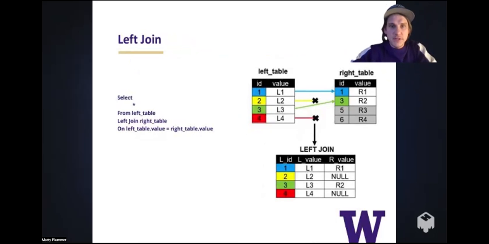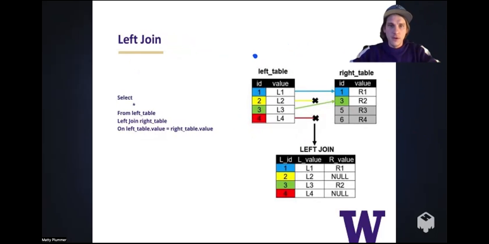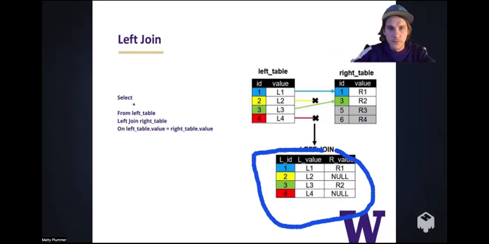In this example, you can see we have the left table, which is IDs 1, 2, 3, 4. And then give me only the records from the right table that match. You can see we have 2 matches, 1 and 3 match left. So the result will be all the records from the left table, 1, 2, 3, 4. In the first column, we have the values from the left table because I said, give me all the records from the left table.